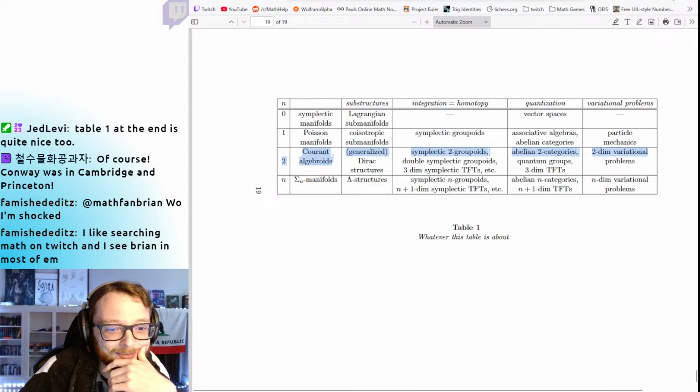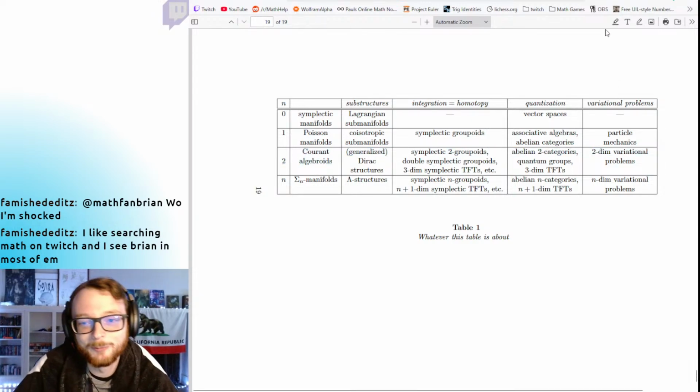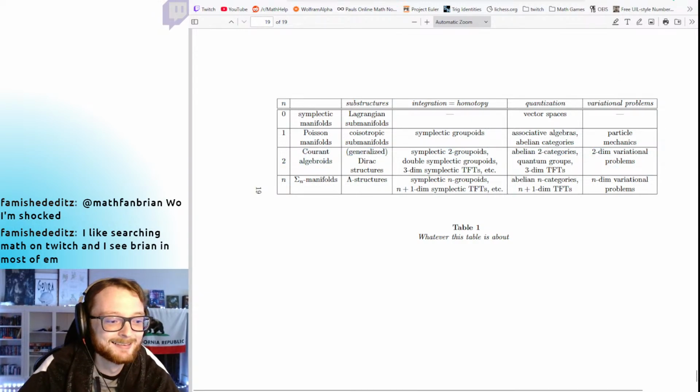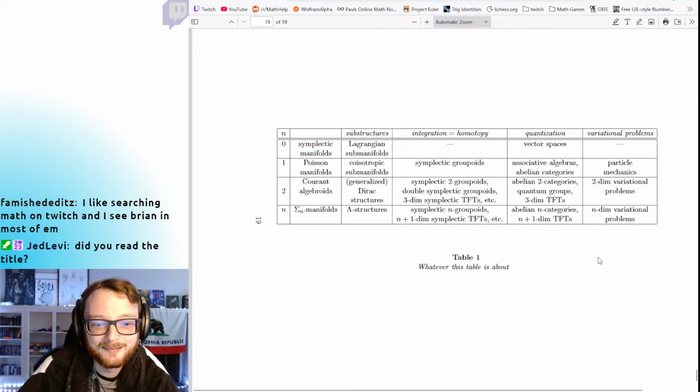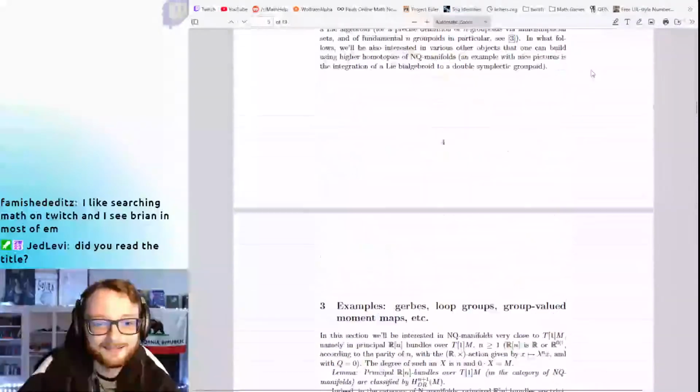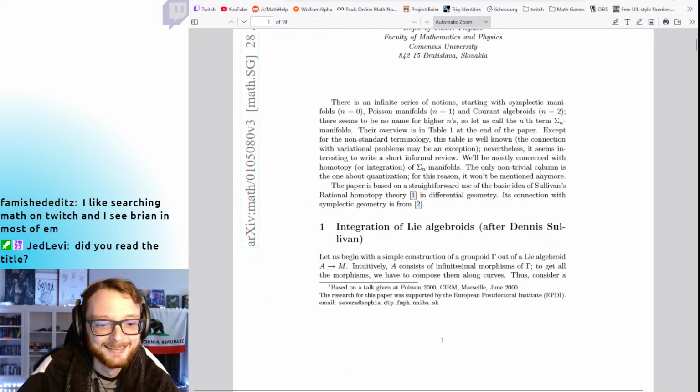I feel like if you ask ChatGPT to make up some math-sounding words, courant algebroids will be one of them. Did I read the title? I don't know. Some title containing the words homotopy and symplectic, e.g. this one.